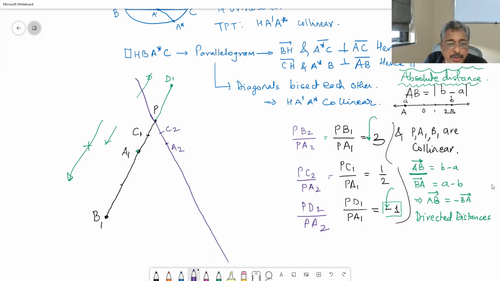Take distance PA2, make it 3 times, get point B2. Go to the other side, distance PA2 equals D2. Array, this is so easy that everyone should be able to do it, those who are paying attention.